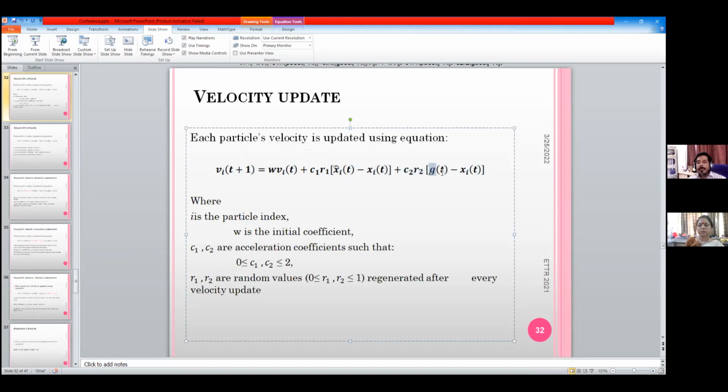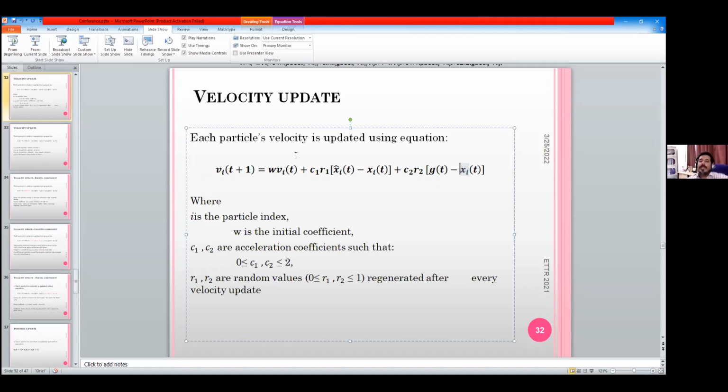G^t means the best position till now for the whole swarm, not just the ith. The earlier one is the best position till now for the ith particle, but G^t is the best position till now for the whole swarm. Minus x_i^t means the position of the particle in the tth iteration. So this is the only equation. It is very simple. You can code it in MATLAB with about 10 to 12 lines of code. Now this is our velocity update.